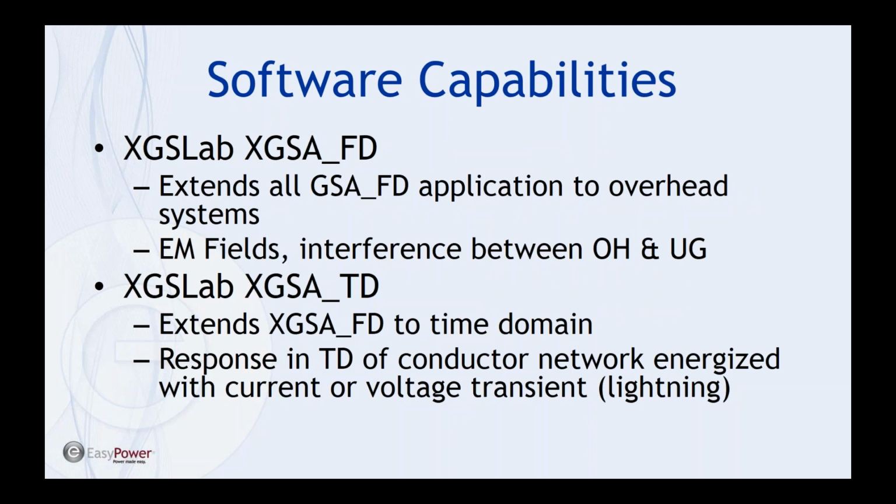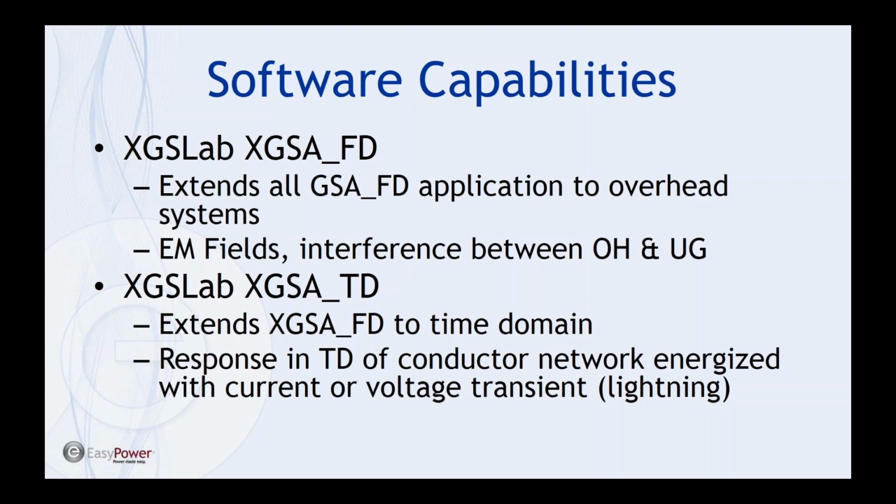Stepping up to the next type of module, XGS Lab has their XGS FD module, which adds an X to the front of the last one. This starts to be comparable to the CDEGS HIFREQ module, and it essentially extends everything from the GSA FD or the MALZ application to overhead systems.